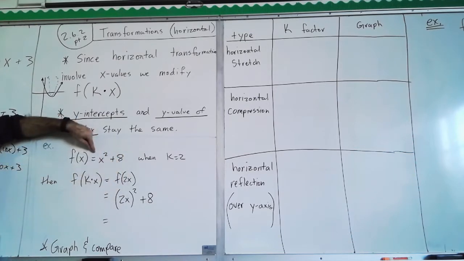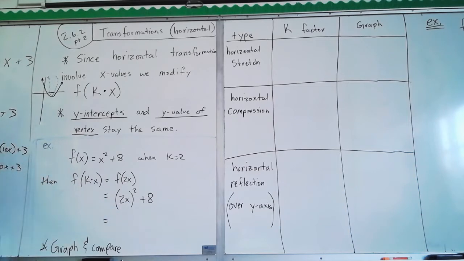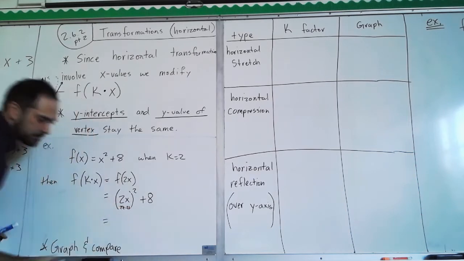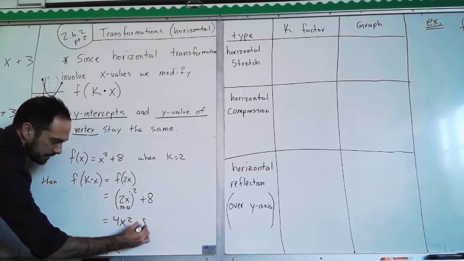So since it's f of 2x, I'm going to go ahead and take the 2x and put it in for x right here. Look what happens then. 2x takes the place of x, 2x squared plus 8. So remember, 2x squared is just 2x times 2x. What does that give us? 4x squared plus 8.